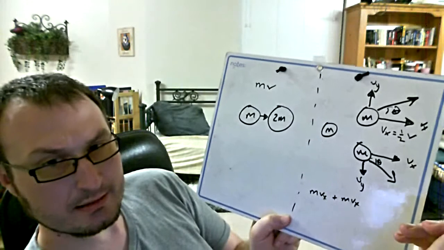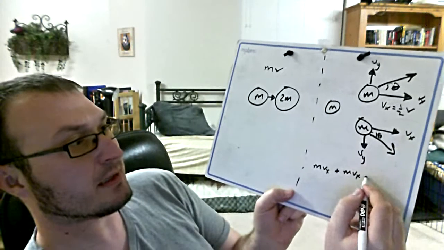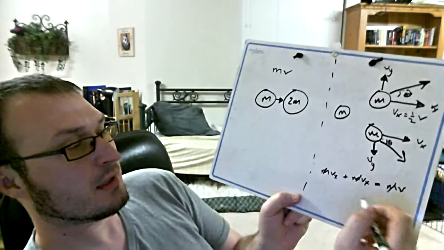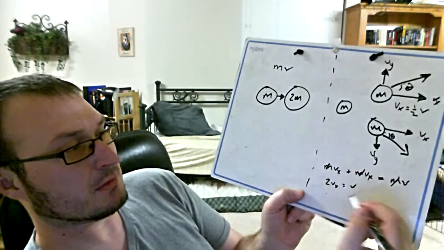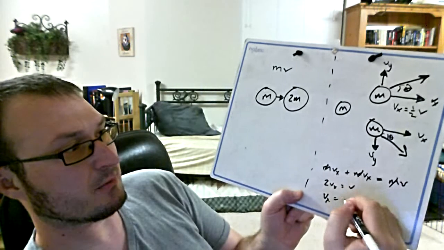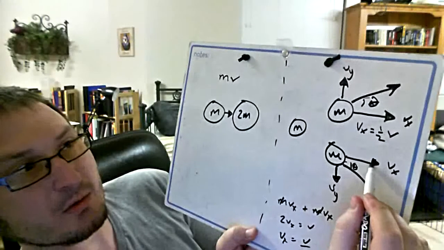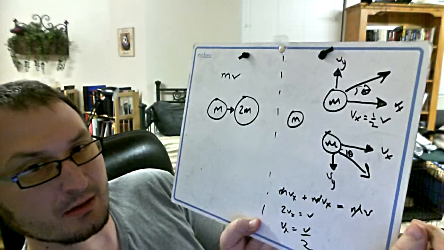Anyways, we know that that's equal to m times v, and we see that v sub x is 1/2 the original velocity. So these components are 1/2 of the original velocity of the first particle coming in. Okay, so with that, we should be able to look at our answers easily and get somewhere.